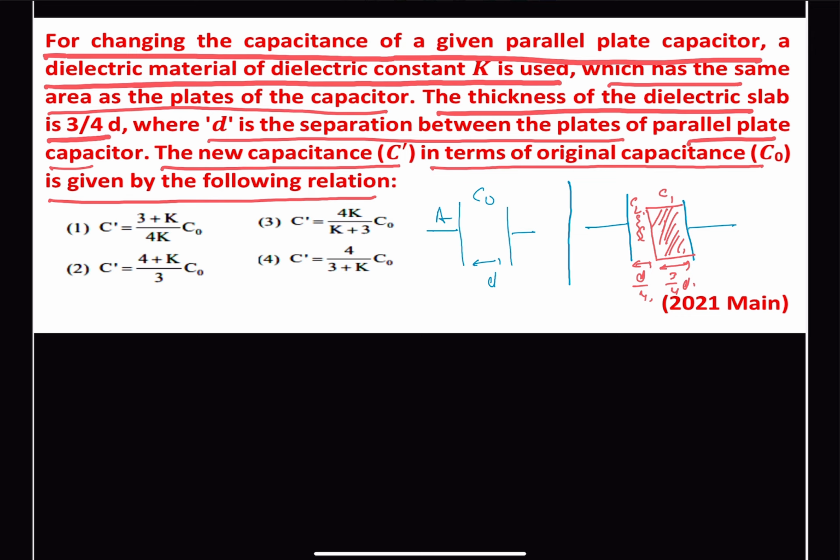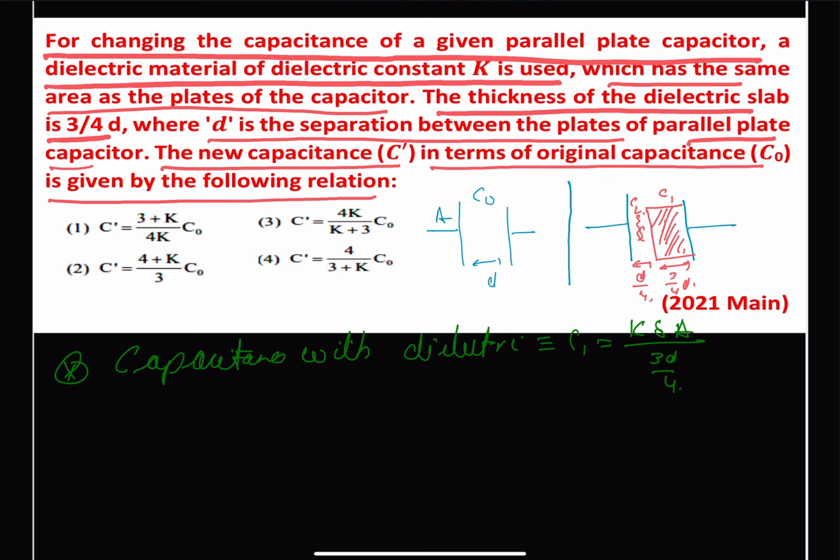So let's find out the capacitance with dielectric. Capacitance with dielectric, that is C1, will be equal to K epsilon naught A over 3D/4.